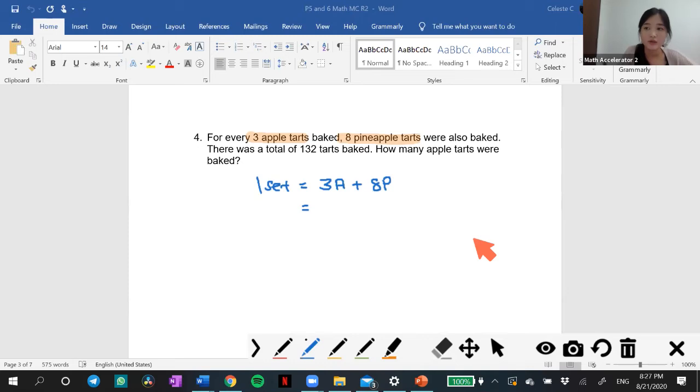Okay, they didn't tell you a cost, right? They didn't tell you a price or anything. So in one set, they're talking about the tarts. There is a clue here. You can look at the total, 132 tarts. So you must know that in one set, you must be finding the number of tarts. So in one set, you have 11 tarts.